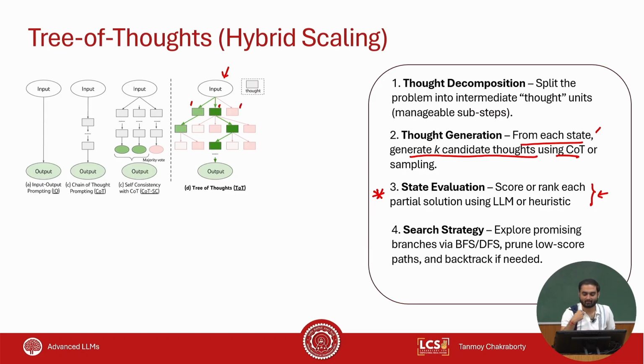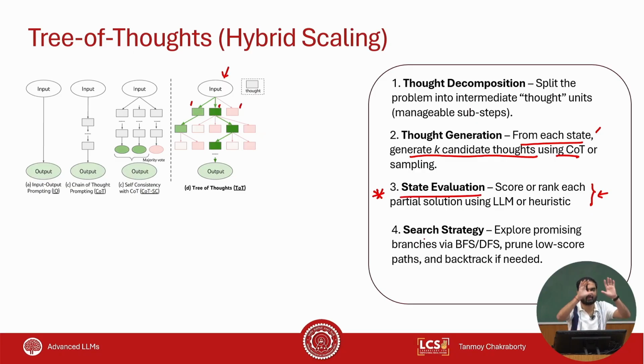And who will determine this? There is a separate language model, not the same language model, maybe a powerful language model. It will determine whether that trace or that branch would lead to the correct answer or not. So this is the state evaluator.